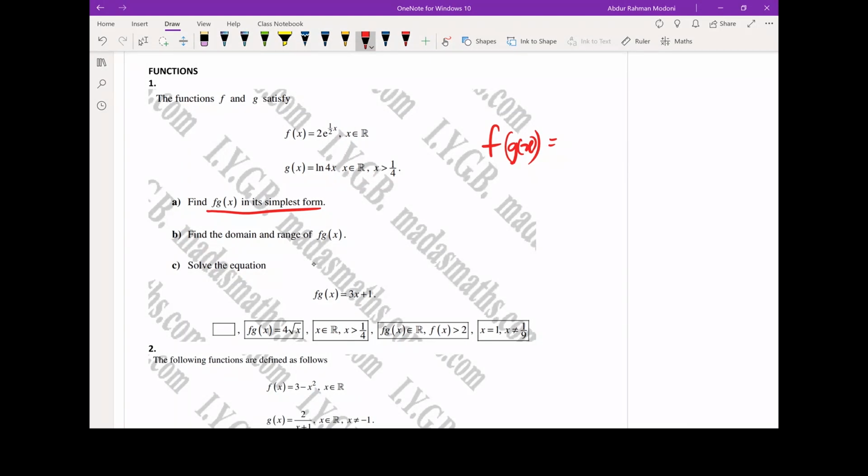So wherever I saw x in my f of x, I'm going to replace it with the function g of x. So it becomes 2e to the power of half, and the x becomes my g of x, which is ln of 4x. Okay, so that's what we've got here, f(g) of x.